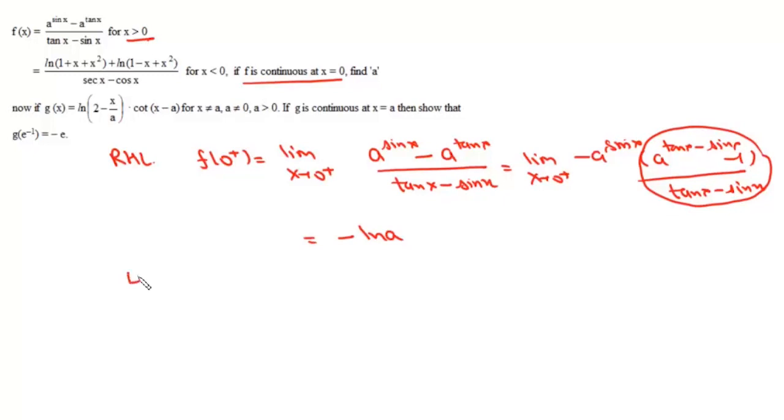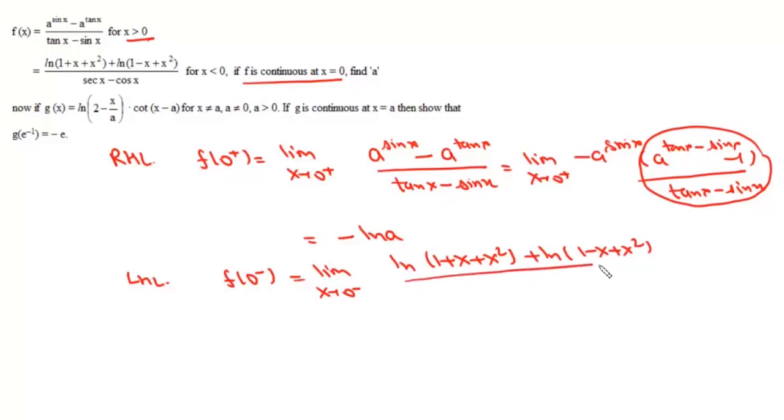Now we will find its left hand limit. Now left hand limit is f0 negative and will be this limit x tends to 0 negative, and this is log 1 plus x square plus log 1 minus x plus x square upon secant x minus cos x. Now this is log m plus log n. So it will be log m into n, and this is a plus b into a minus b.